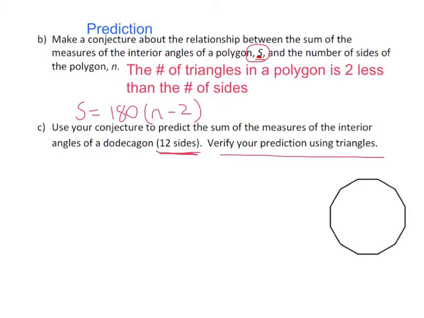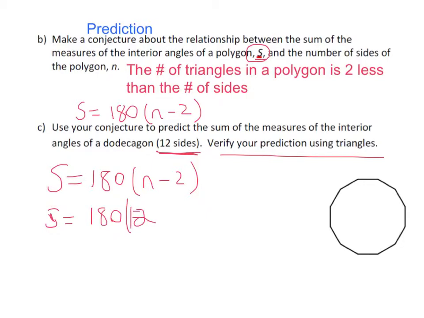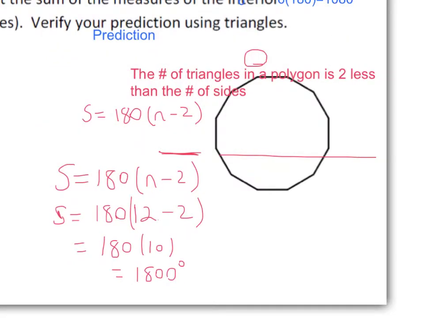Okay, so if we use the formula, the sum of the interior angles is 180 times (n minus 2), where n is the number of sides, so the number of sides is actually going to be 12. 12 minus 2, so it's going to be 180 times 10, which is going to be 1800 degrees.